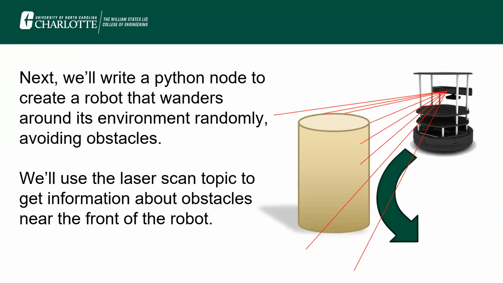So what the Wanderer robot is going to do is be a very dumb application where we take our robot and just let it drive around semi-aimlessly, and it's going to try not to run into obstacles.